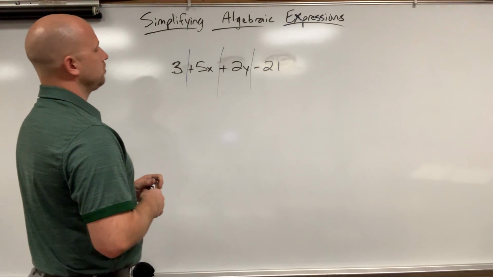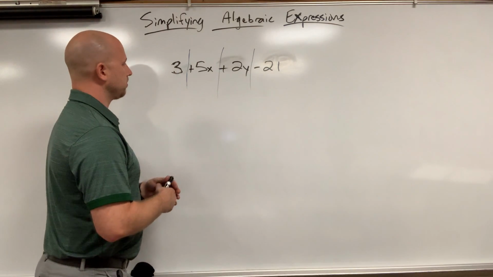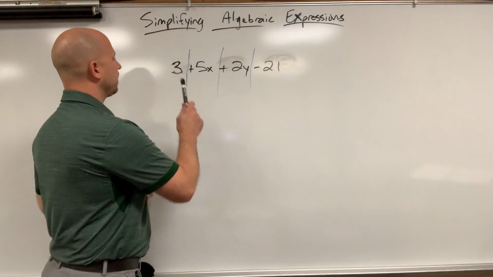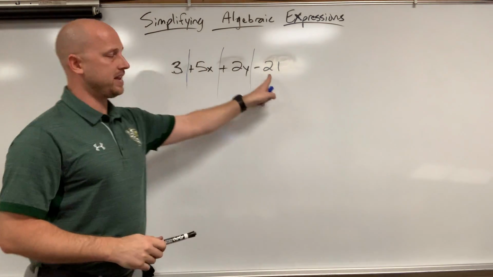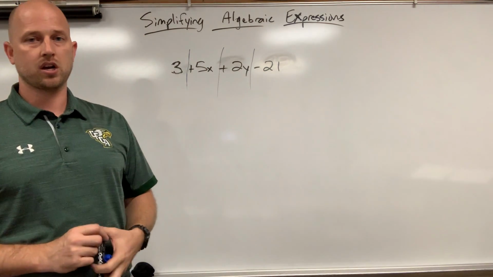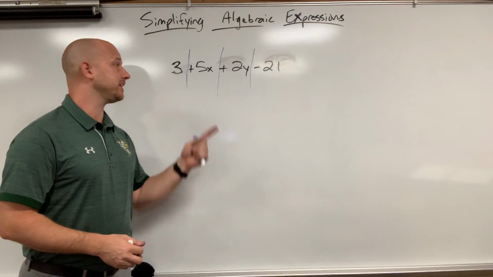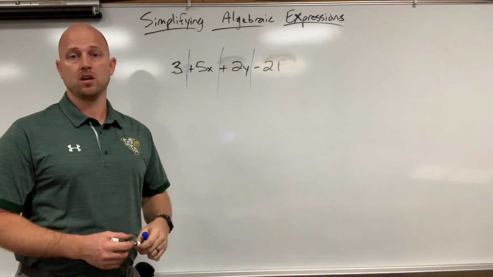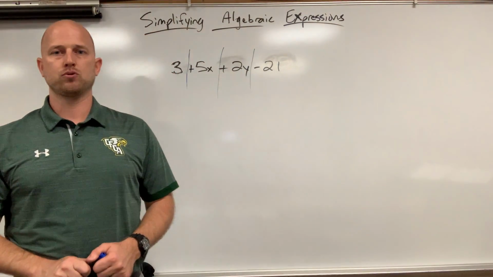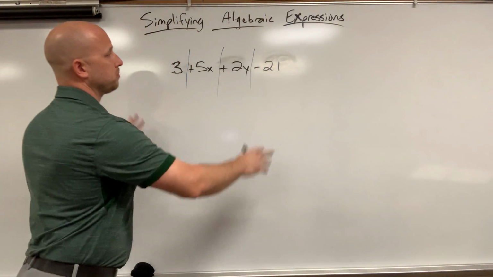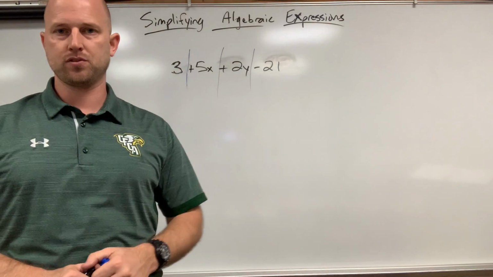Another word to work on is a number without a variable, like 3 and negative 21. Those are constants. A constant is a number without a variable. Again, I suggest you write this down. Keep track of these. I'm not going to have time to put them all up on the board, and I need the space for the example problem.